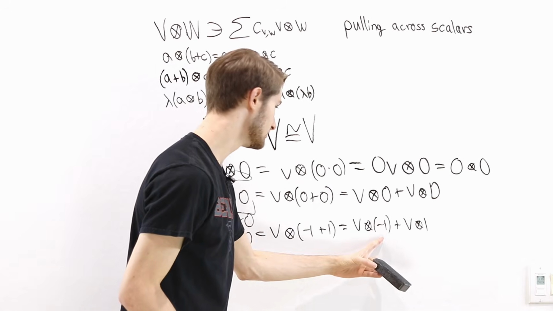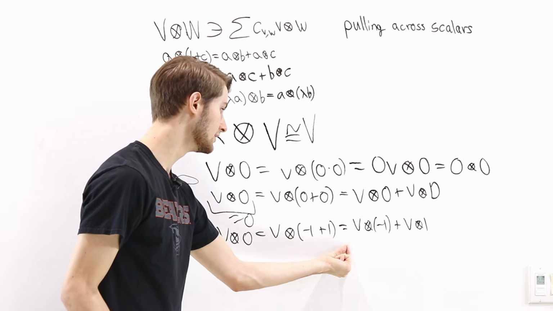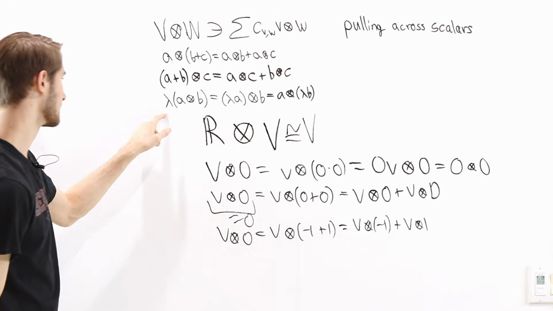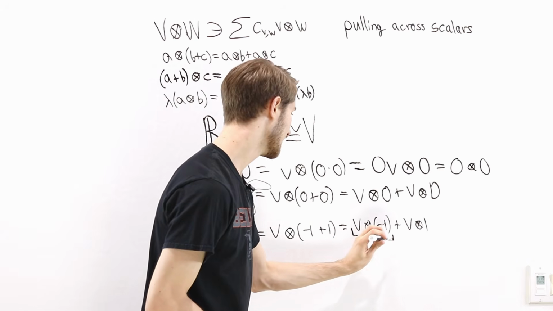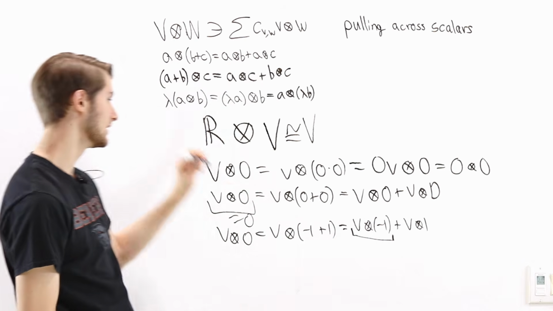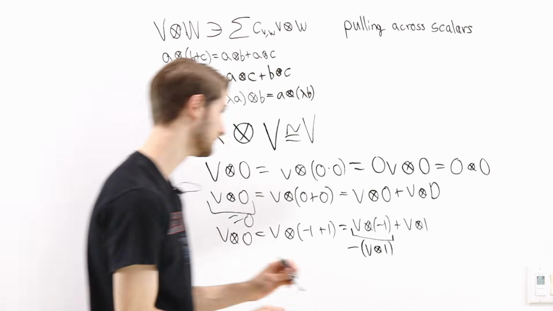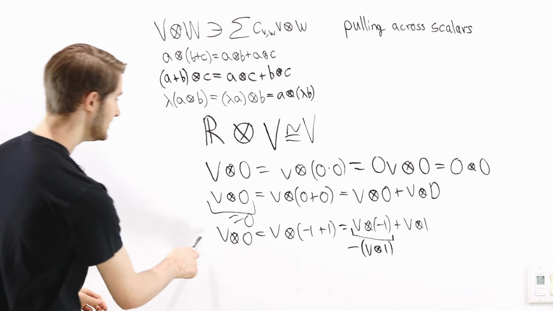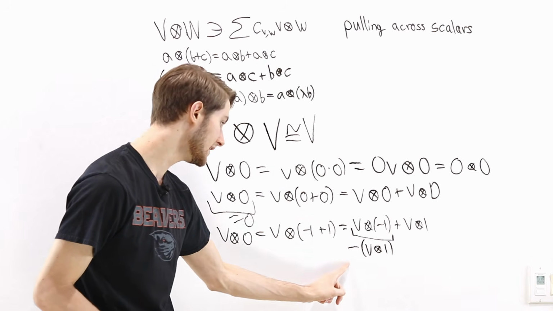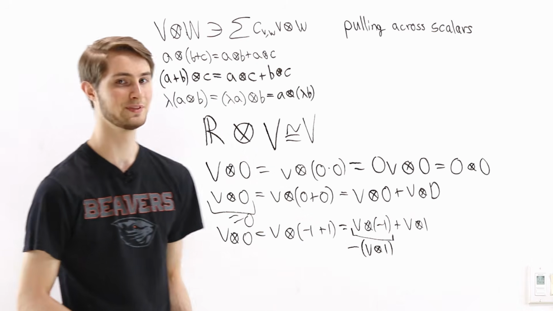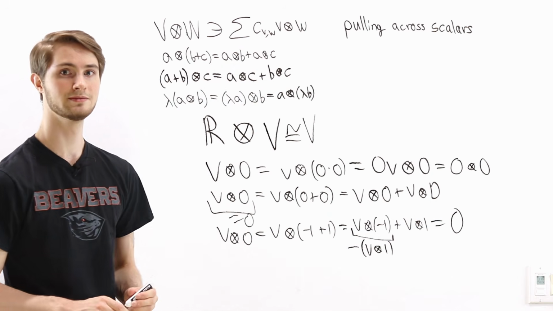And so this is just a scalar times 1. We can pull the -1 to the outside like we do here in this equation. So I'm going to write this as we pull the -1 all the way out. It becomes negative v tensor 1. And so v tensor 0 is equal to v tensor 1 minus v tensor 1. And so of course this is just the 0 element once again.